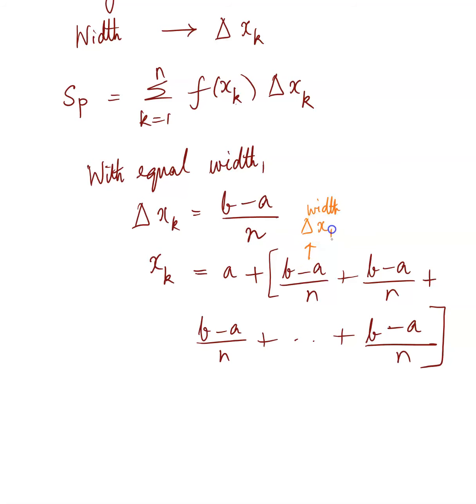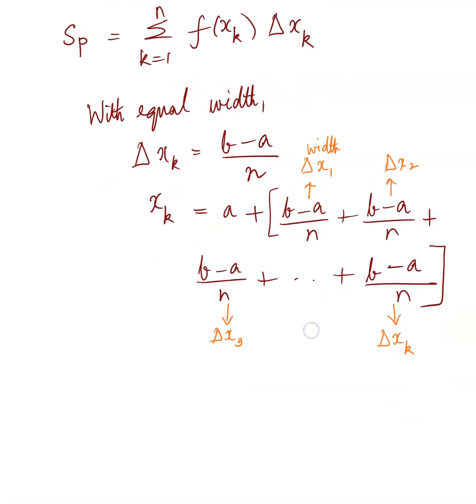This is the width of the first interval, the second interval, the third interval, and so on, and this will be the kth interval because the yellow shaded rectangle was also included. That's where we ended on the right end point, and therefore this can be collectively written as a plus k times b minus a over n.